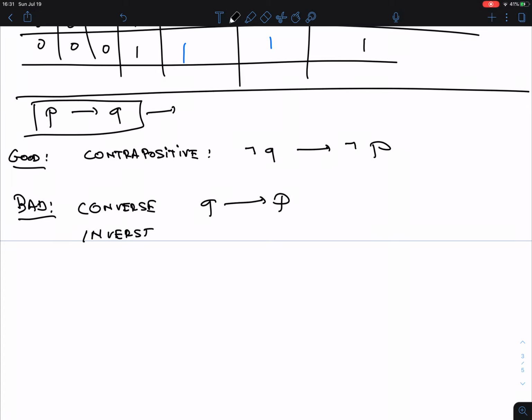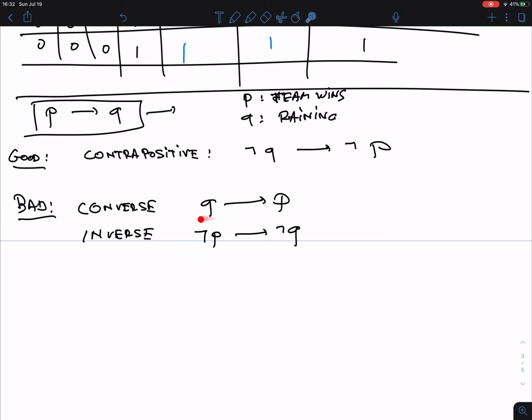So P is the team wins, Q is raining. What's the inverse? If the home team doesn't win, then it's not raining.